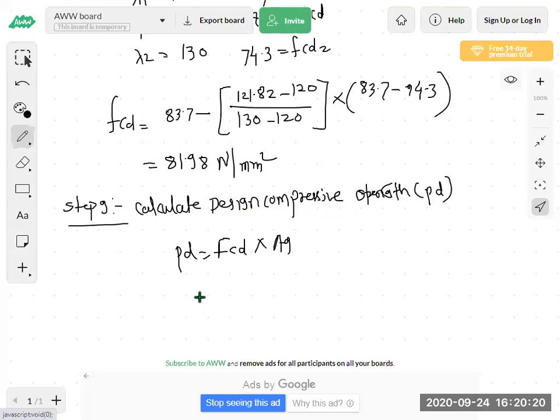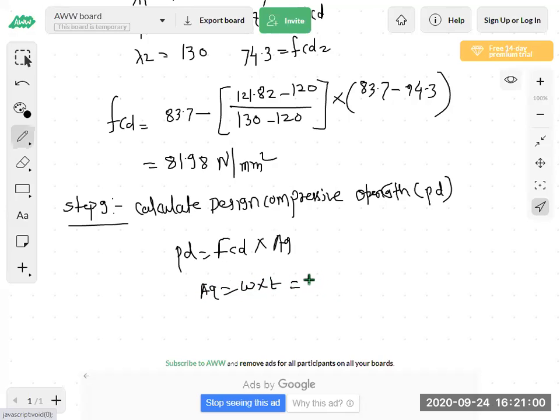Now which area we have to take? Area of lacing flat we have to take. It means we have to take width into thickness. Here Ag we have to take width into thickness.